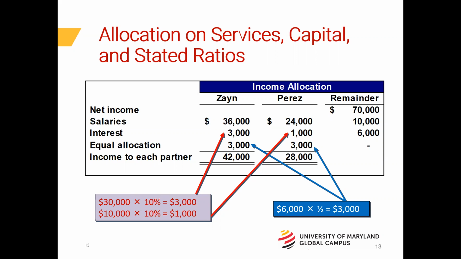And according to the partnership agreement, they split the balance. And so 3,000 and 3,000 respectively. And we can see just based off of this information that Zane is receiving a higher income in comparison to Perez. And that's based, of course, on the percentage ownership.